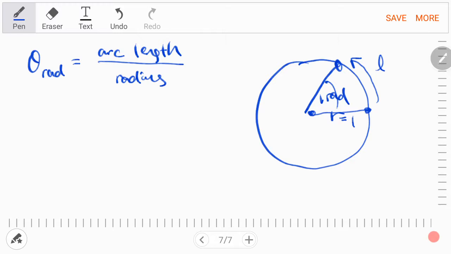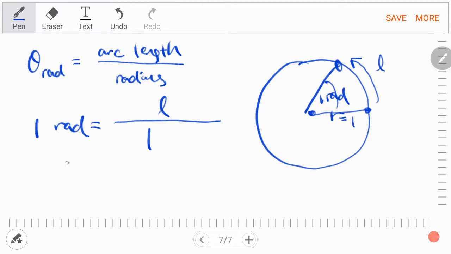So we're kind of doing the reverse of what we discussed in the previous video. In this case, I have 1 radian, and that is equal to my arc length, L, over my radius, which is 1, let's say 1 cm.